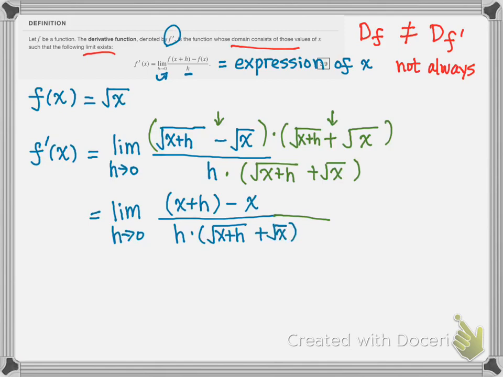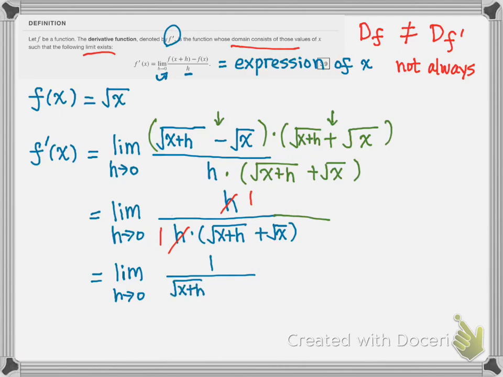Then you notice on the top, x plus h minus x is just h. So now we can have cancellation, and the remainder is a 1 because you're in a quotient. So now we have 1 over square root of x plus h plus square root of x.